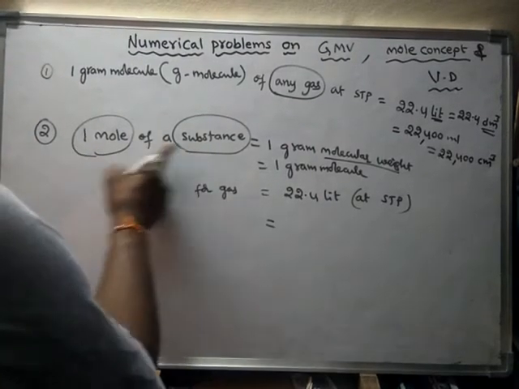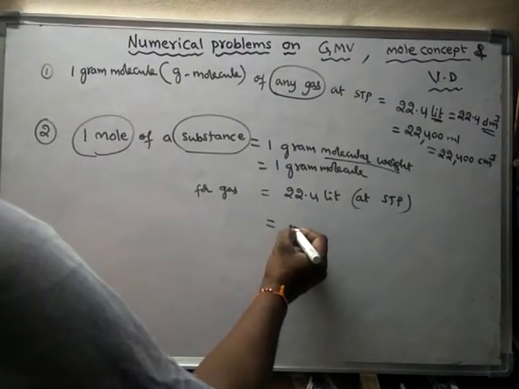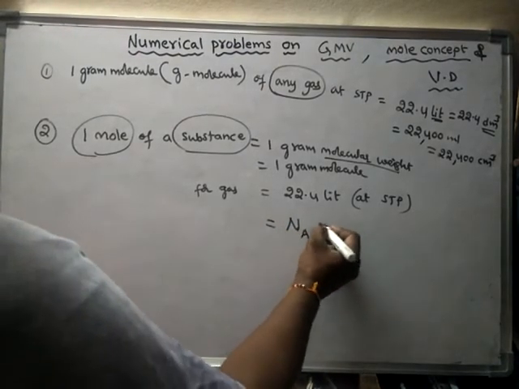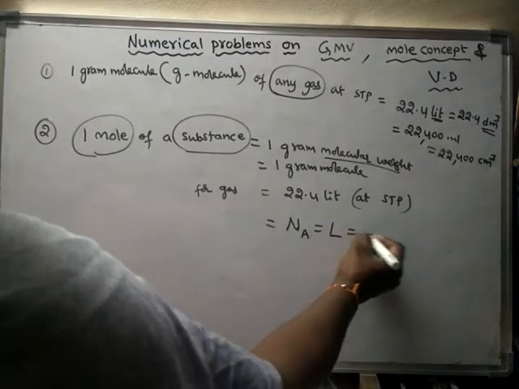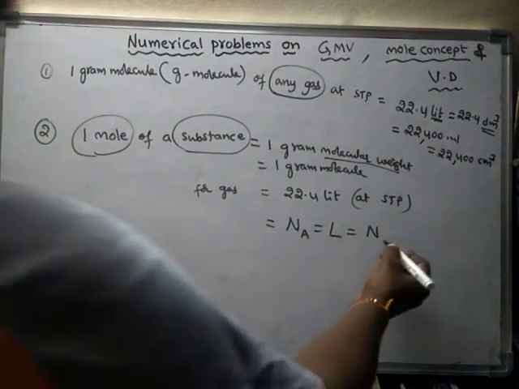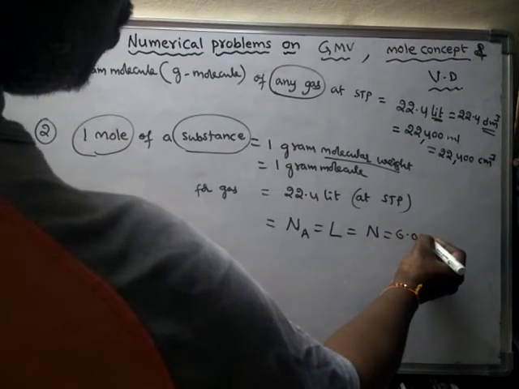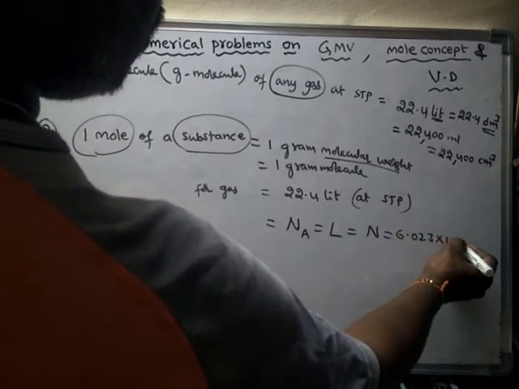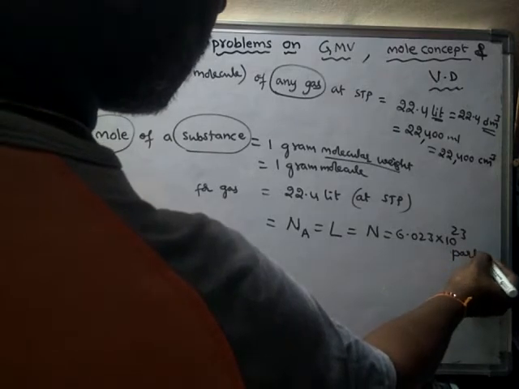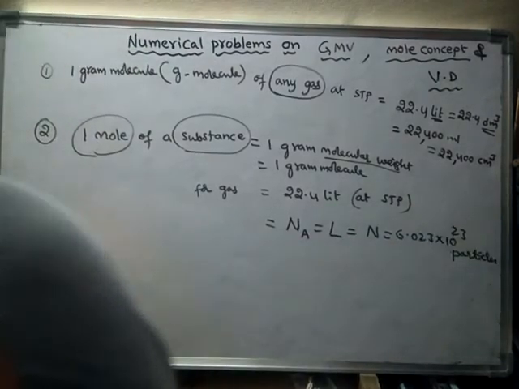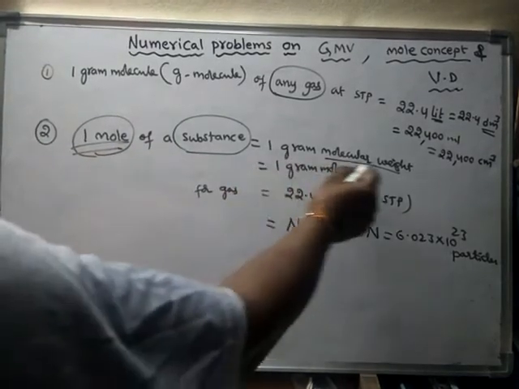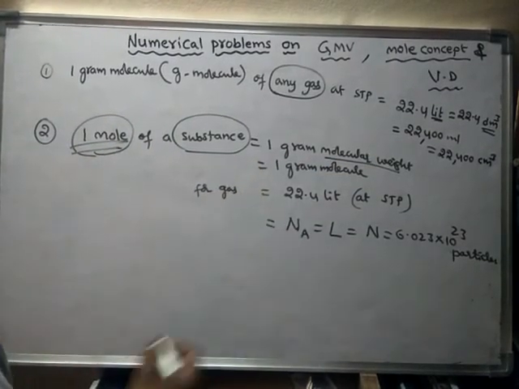Or else 1 mole of any substance contains Avogadro number of particles, denoted Na, or L, or in some books simply N, which is equal to 6.023 into 10 to the power of 23 particles. See, 1 mole is equal to 1 gram molecular weight, or 1 gram atomic weight.